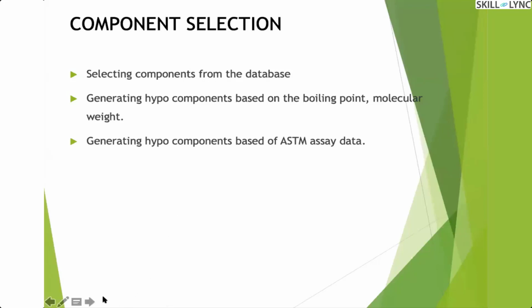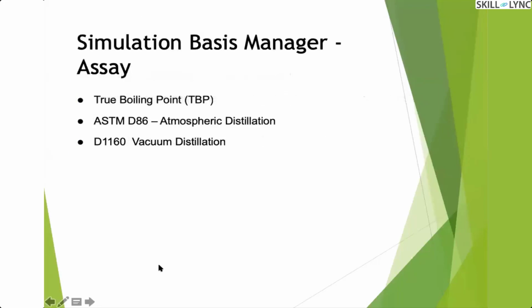That is the other use. These are the different testing methods, as I've said: true boiling point estimation, ASTM D86, ASTM D1160, etc. Based on those testing methods, you can generate the hypo components for your use.